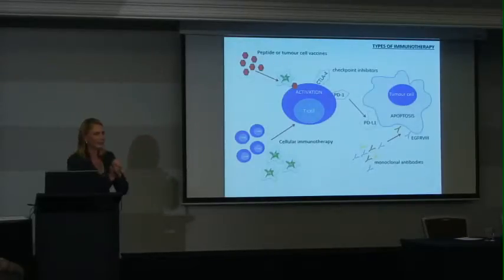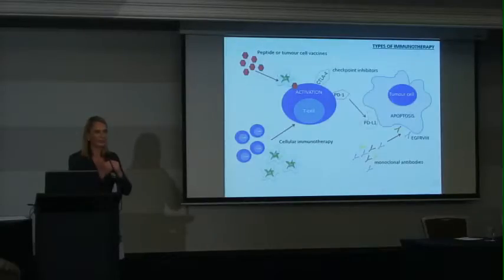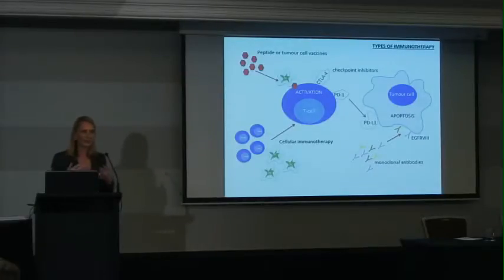And this binding actually suppresses the immune system, and the cancer cell has done it deliberately so that it can evade the immune system. But we're better than the cancer, remember, and what we've come up with is fantastic checkpoint inhibitors that can actually block this interaction between the tumour cell and the T cell, and therefore allow normal killing of the tumour. So I think this is one of the most amazing inventions in our time.